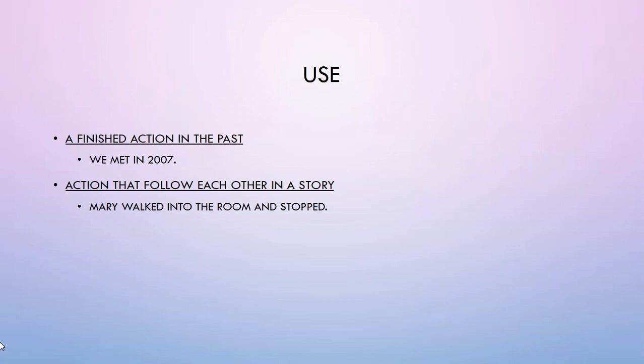Now, my students, in which situation should we use the simple past tense? Or how can we use it? We use the simple past tense for a finished action in the past. We met in 2007 and the action finished. We met and finished. Also for actions that follow each other in a story.